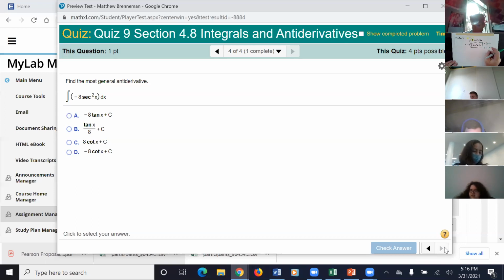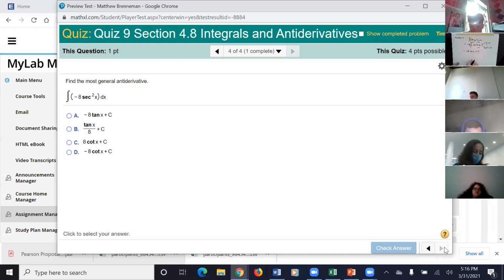Yeah, is it cotangent? You're close. The cotangent goes with the cosecant, but what goes with the secant? Just tangent? Yeah, just tangent. Excellent. And there we are. So we're going to get minus 8 tan x.